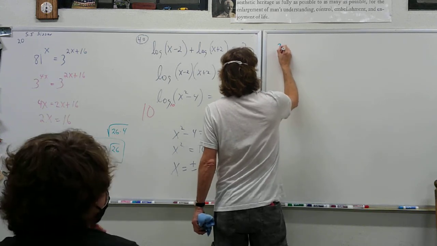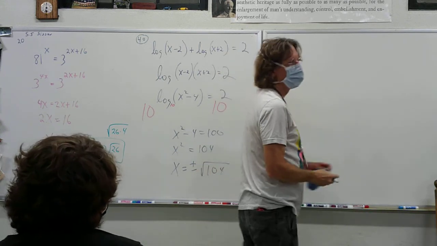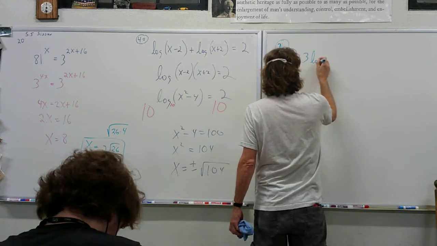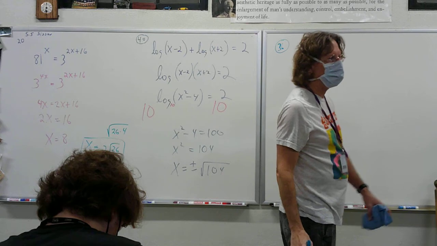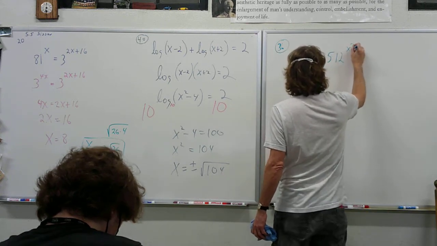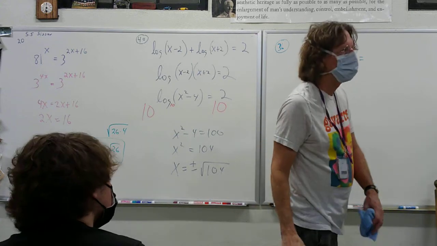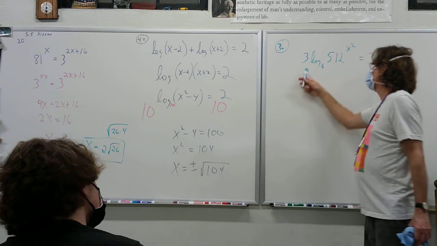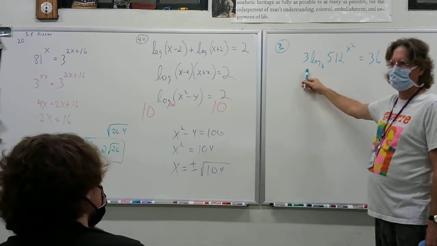36. 3 log base 8 of 512 raised to the x squared equals 36. Folks, see that 3? That's in a bad spot.